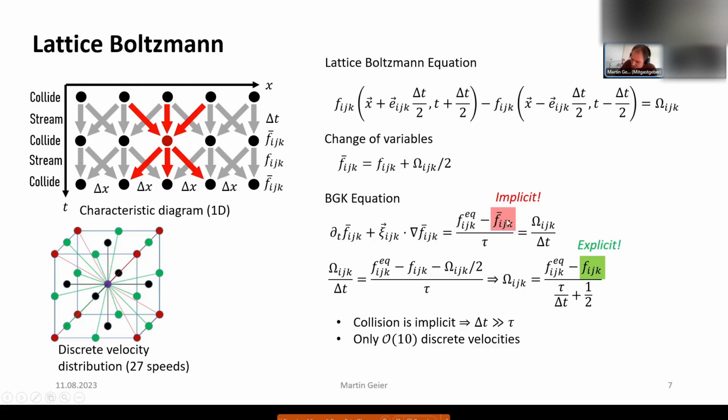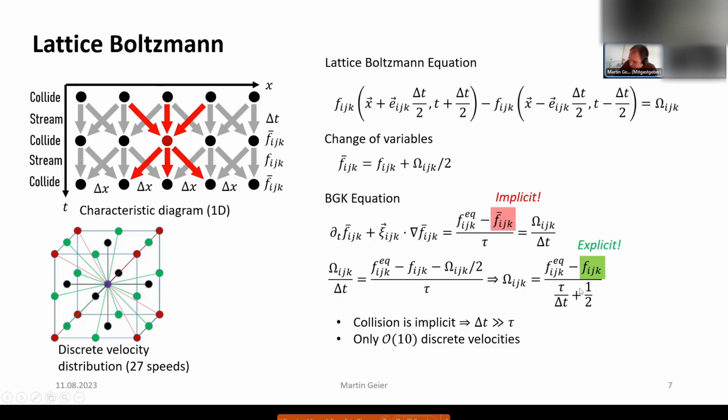Please note, this is an implicit operator, because the f bar, the physical f on the left-hand side, is also on the right-hand side. But by this change of variables, I can change this into an explicit operator.